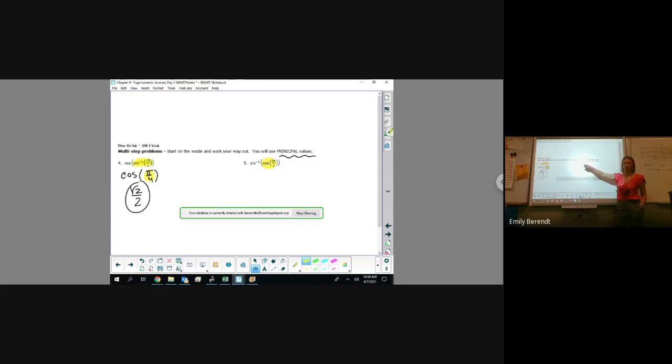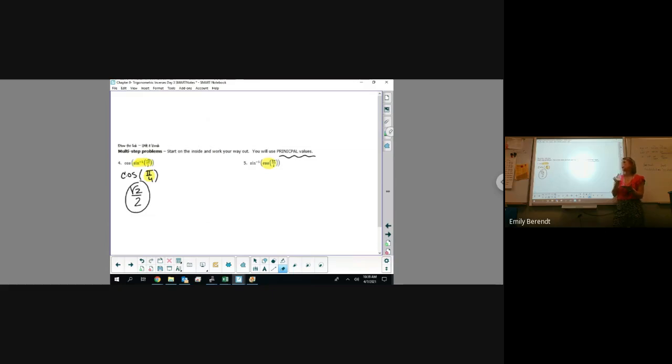So is the inner function a normal trig word or an inverse trig word? Normal trig word followed by an? Careful. 3 pi over 2 is an angle. So normal trig word followed by an angle is equal to a what? A ratio. So this is like a function Friday.